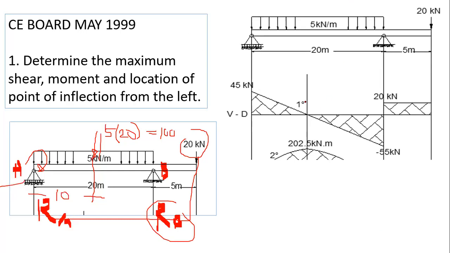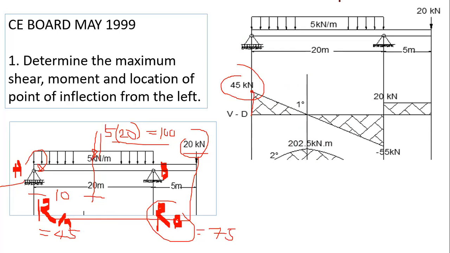Going up, as you can see here, is 45. We calculated earlier that RA is equal to 45 and RB is equal to 75. 75 plus 45 is 120, which is equal to 100 for the uniform load plus the concentrated load of 20. So you have 120 kilonewton total load. Going up is 45 for RA.